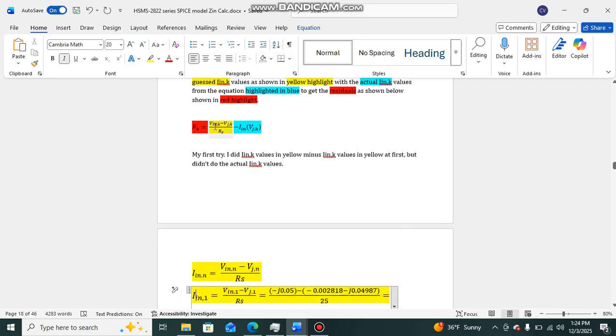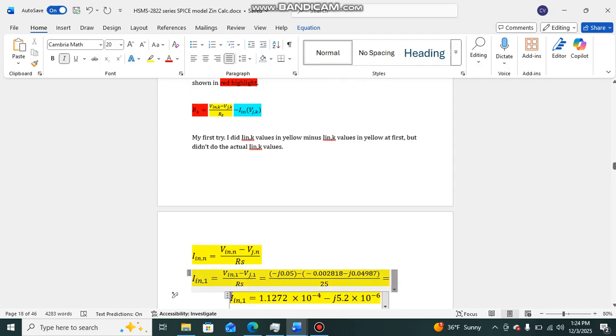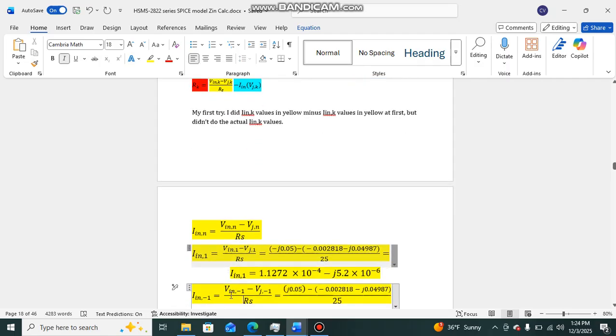So we have the values for VN1, for the fundamental voltage at the input and also the fundamental junction voltage. We have those values we calculated up there, which became here, and then divide that by 25, and we get a fundamental input current of this right here.